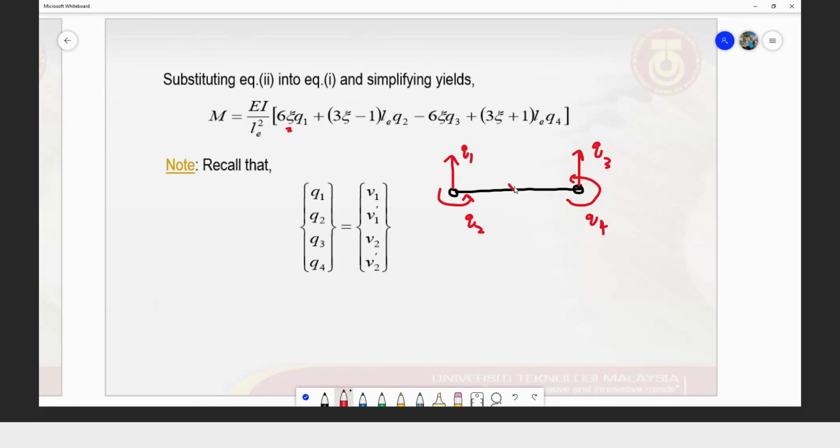Let's say we want to get it at the midpoint where Z equals 0, for example. Then we supply this information: Z, Q1, Q2, Q3 and Q4 that we calculated from the system of linear equations. If you don't want to use Q, you can use V and V prime, which refer to the same thing. If you use V, there will be V1 and V prime 1, and then V2 and V prime 2. Actually, it represents the same thing but using different variables.